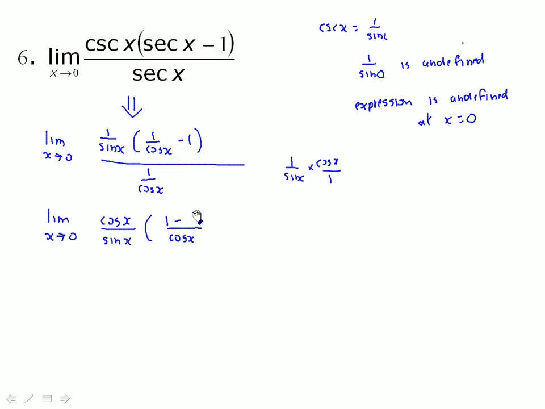So a common denominator of cos x means that we get 1 minus cos x like that. And this is where we start to get some good things happening. The coses will divide out, and this becomes the limit as x approaches 0 of 1 minus cos x over sine x.